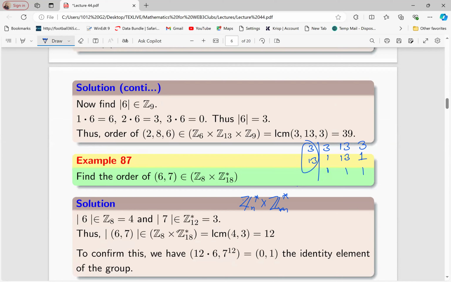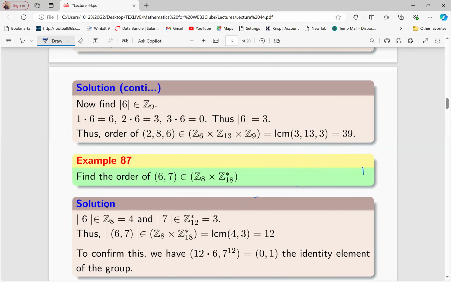But let me show you where I've combined a multiplicative group and an additive group. Now, what is the identity of the group?